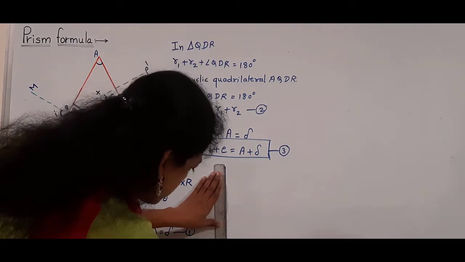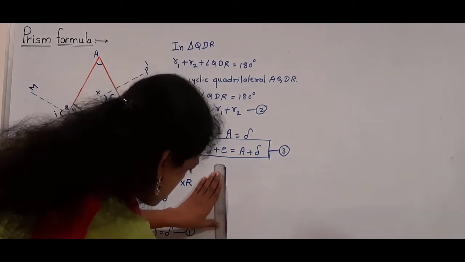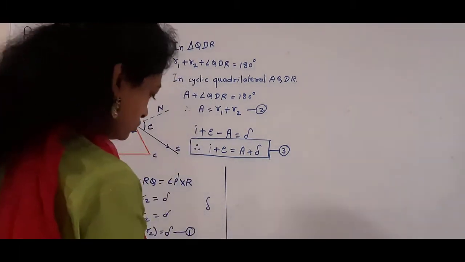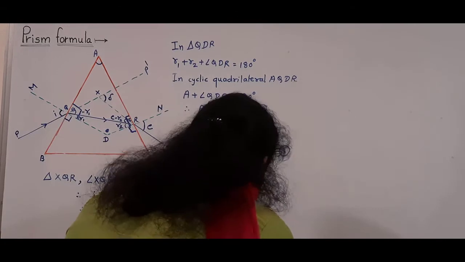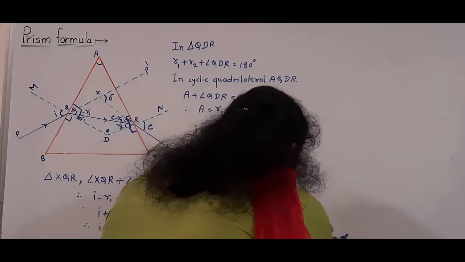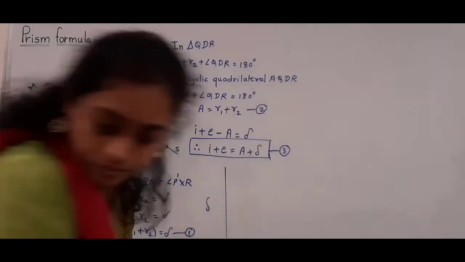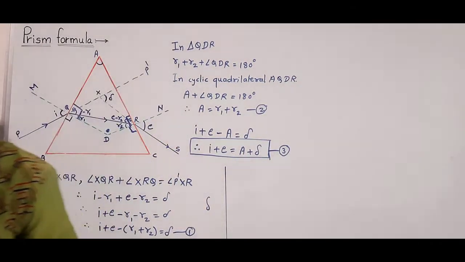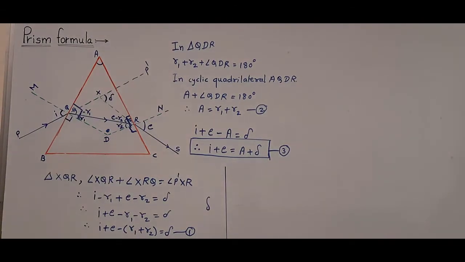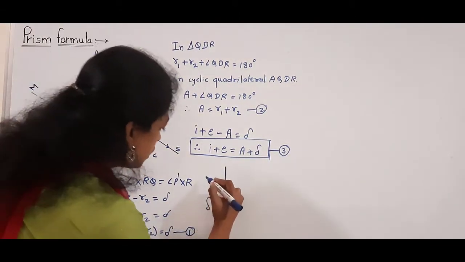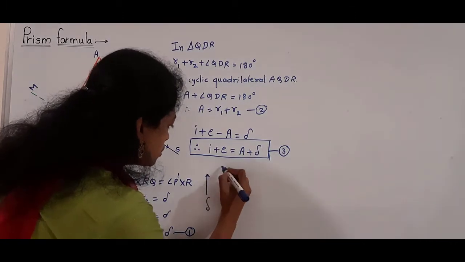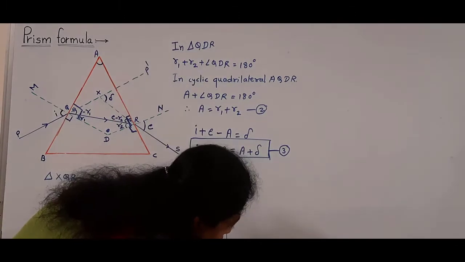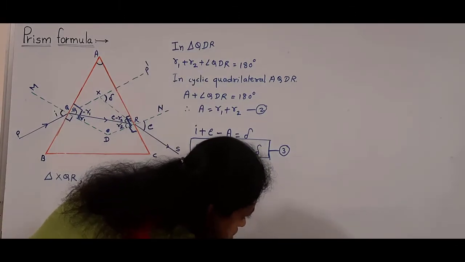Practically, it is observed that, see, this is the delta, angle of deviation is taken along the y-axis and angle of incidence is taken along the x-axis.